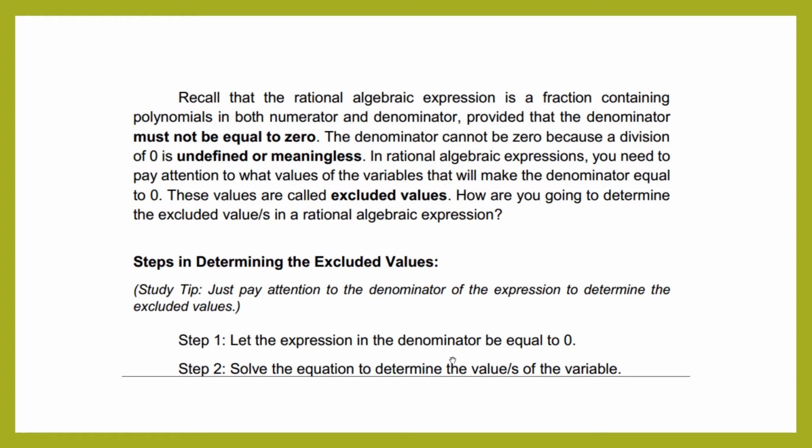Una, kapag yung value na yon ay isinubstitute natin doon sa variable sa denominator at nag-equal sa 0 yung denominator, therefore that value is called excluded value. Hindi siya kasali kasi masasabi mo siyang hindi kasali kapag nag-equal sa 0 yung denominator. Second step, we need to solve the equation to determine the value or values of the variable.